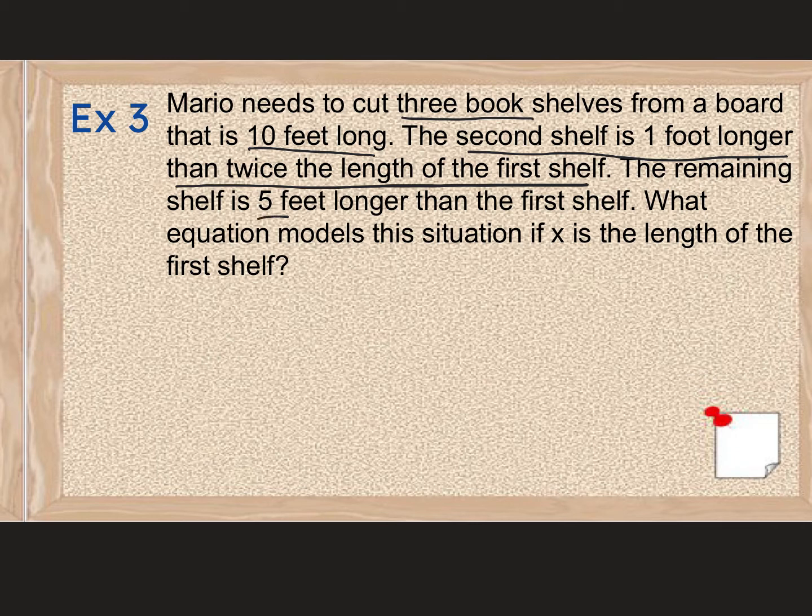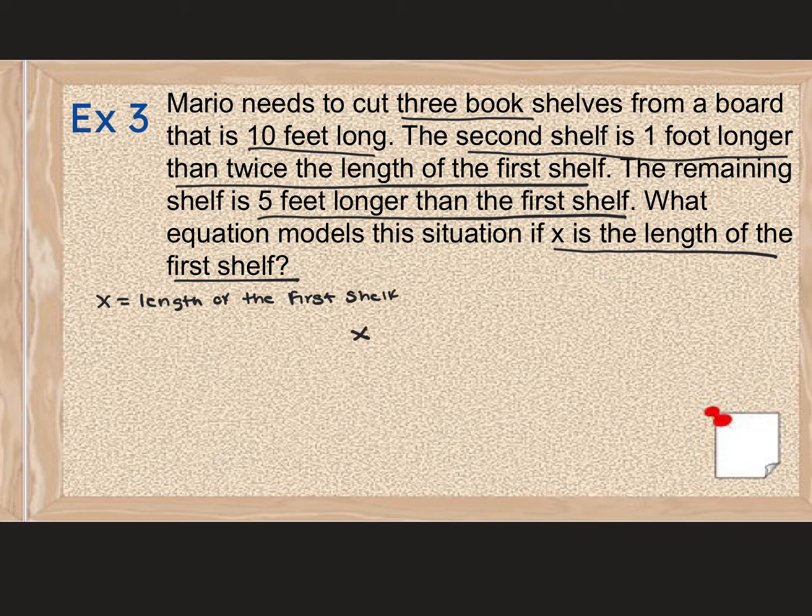The remaining shelf is 5 feet longer than the first shelf. What equation models a situation if x is the length of the first shelf? So x is going to equal the length of the first shelf. All right, so we're going to put that x there.